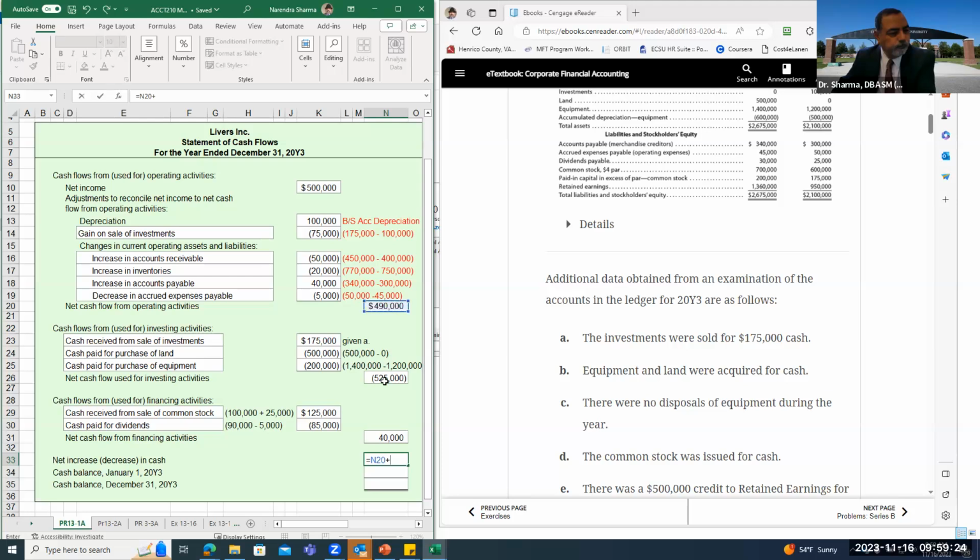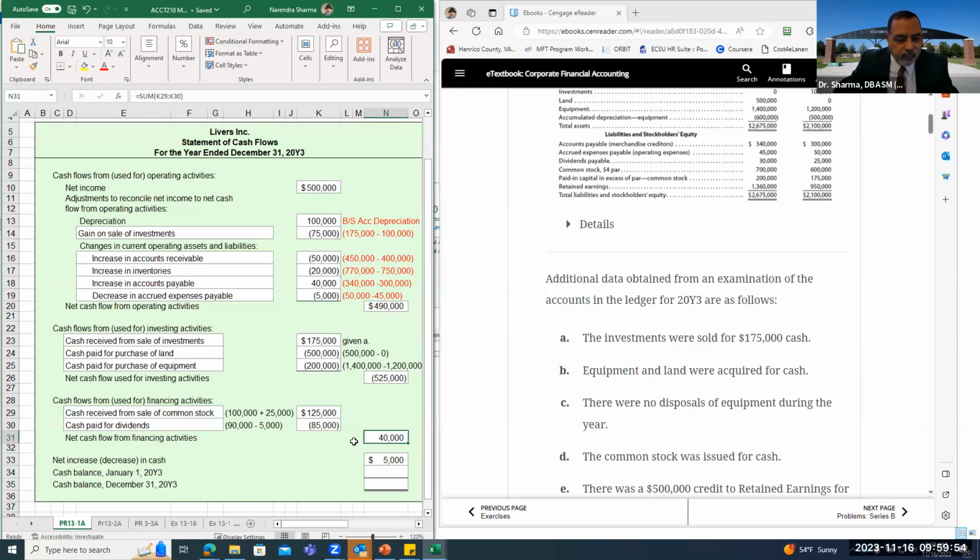So the net change, increase or decrease in cash is 5,000. So of course, if you're using Excel and if you have already put a number in negative, it will subtract automatically even if you use the add function. So here I'm adding 495 minus 525 plus 40,000 will be 5,000.